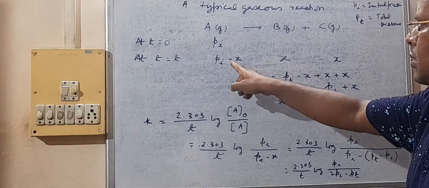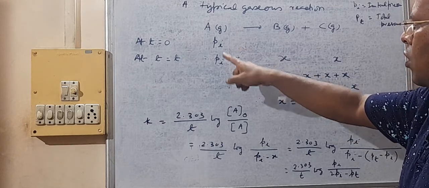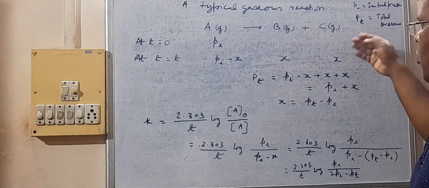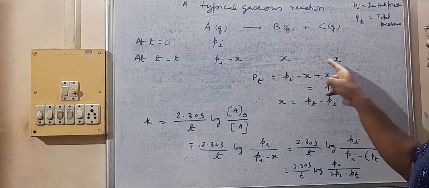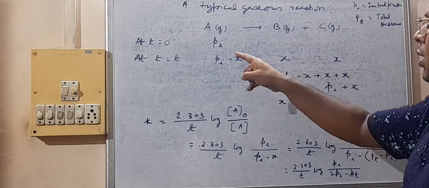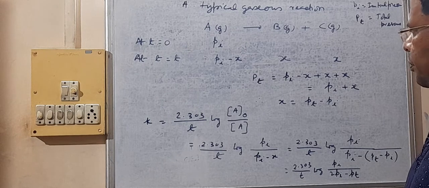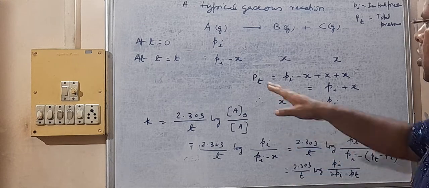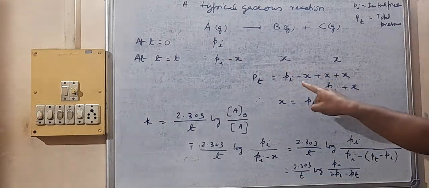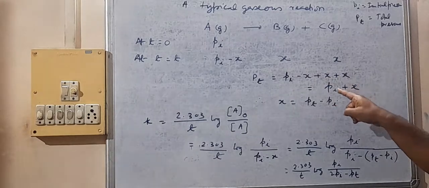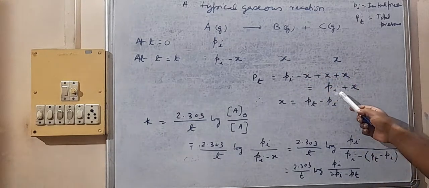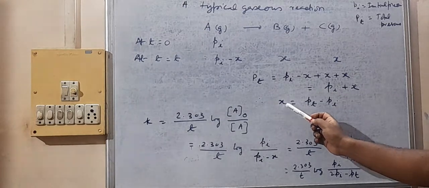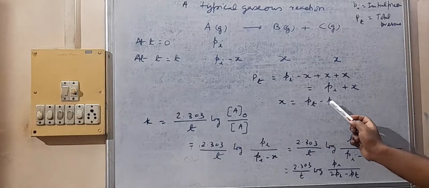So if X is the decrease in pressure for A, there will be X pressure formed of B, X pressure formed of C. So this is the pressure of the reactants and products at time t, and total pressure, according to Dalton's law of partial pressure, will be the sum of these three. So Pi minus X plus X plus X. Simplifying, this becomes Pi plus X, and from here we can write X, the amount reacted, will be Pt minus Pi.